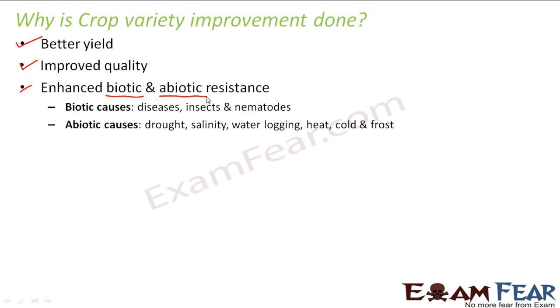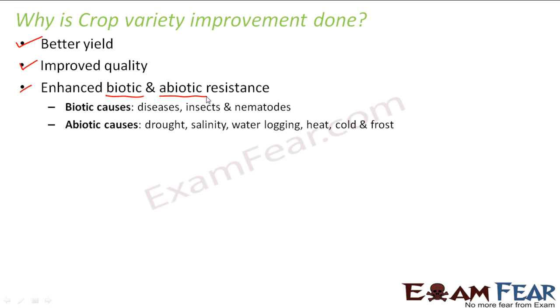Similarly, when it is too cold, again the plants will not be that good. Or too much rain, or maybe if you put much more water in a pot than needed, that waterlogging, or the collection of water at one place, also harms the plant. So these are some of the abiotic causes which can harm a crop yield.